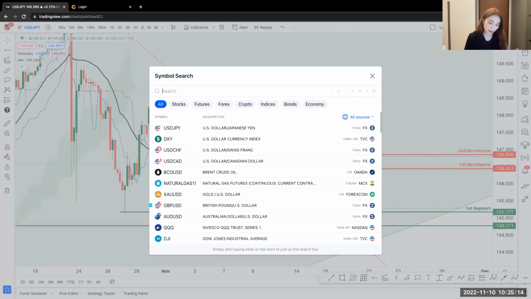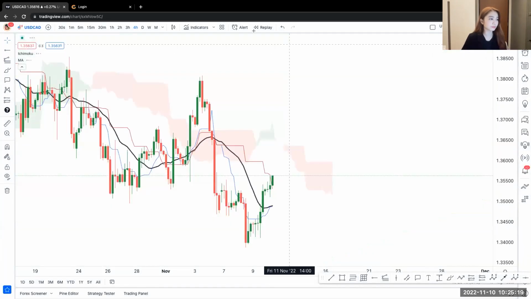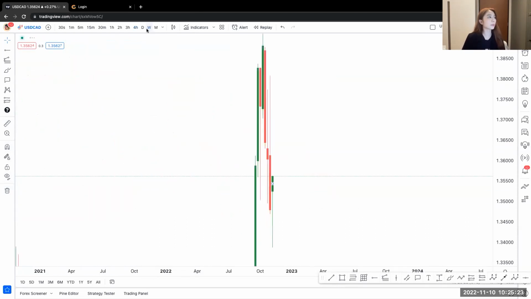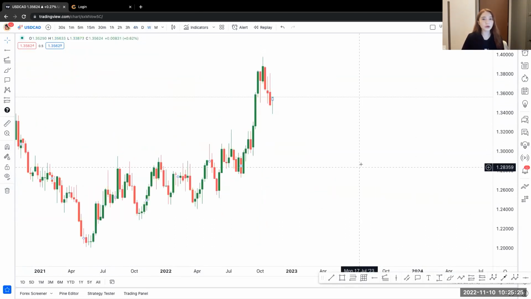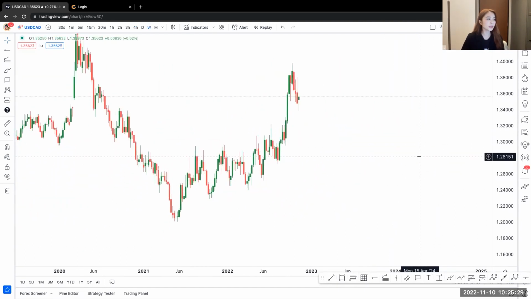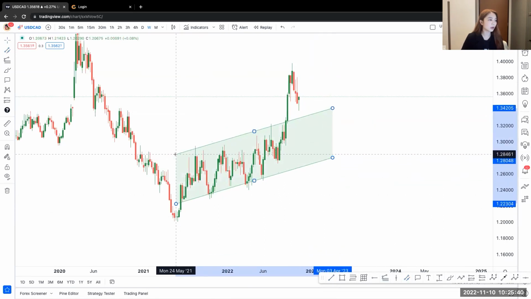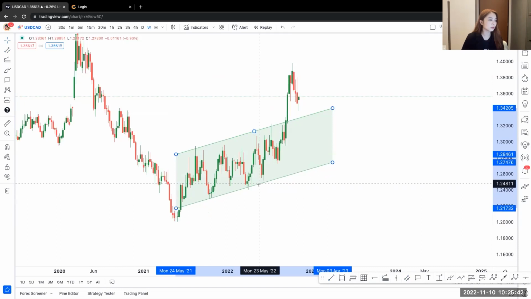Let's look at dollar CAD. Okay, let's just remove all the indicators and go back and start with the current week. We can see that initially there was an ascending channel here or some sort for the weekly chart. However, price has already gone way above these channels.